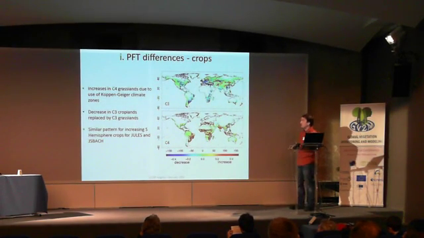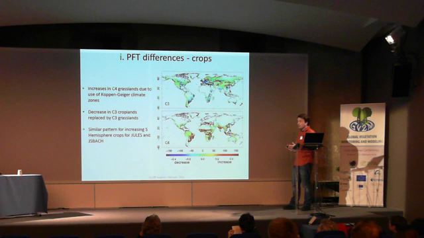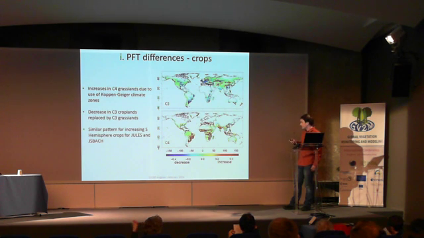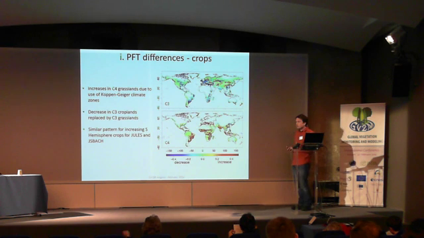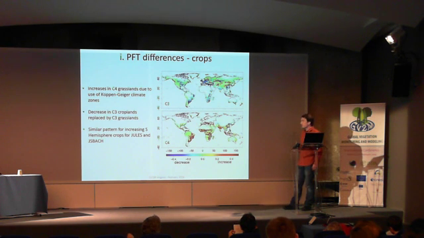So just briefly, some of the major differences that we found. This is comparing the original land cover PFT data set for ORCHIDEE, which is based on the Olson values from the 1980s, and the CCI product. We generally see increases in C3 grasslands globally due to the use of the Köppen-Geiger system for assessing the climate zones.